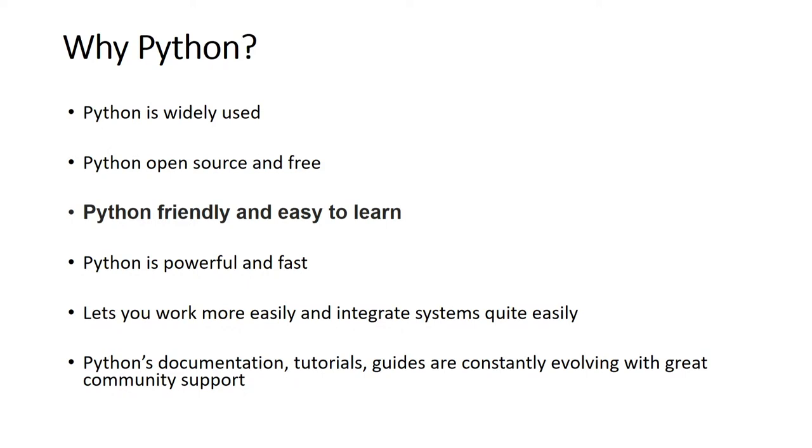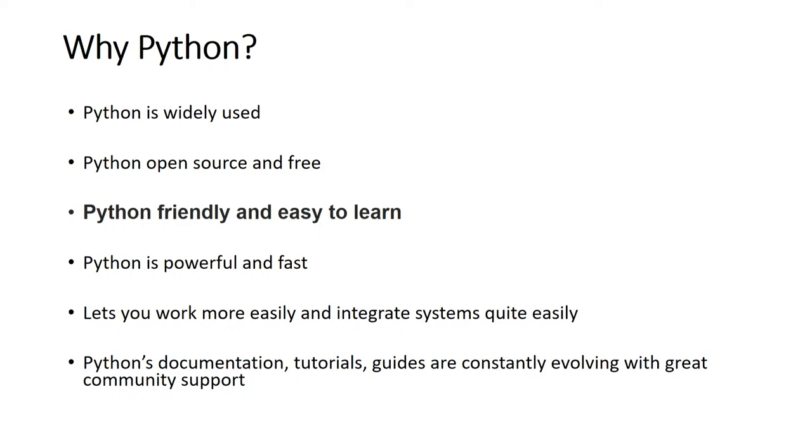As I explained, the emphasis of the Python developers was on readability, so that it doesn't become difficult to read the code. Even without much experience, you can quite easily read and understand Python code. Then you can learn new constructs quite easily. Its friendliness and ease of learning is the most compelling reason for using Python.